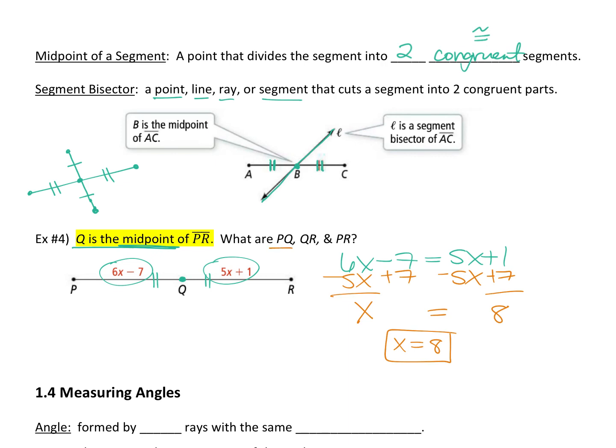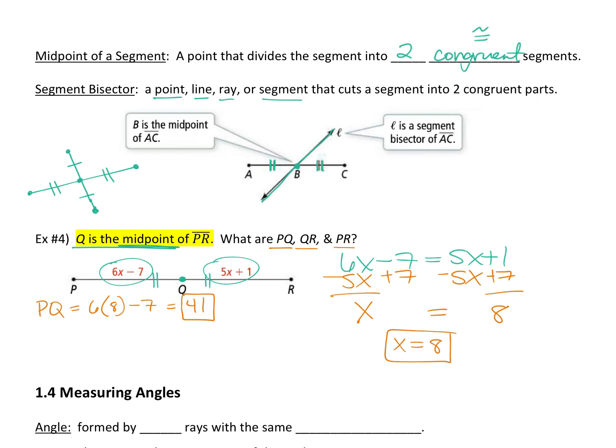They asked for PQ, QR, and PR. Can anyone tell me what PQ should be? So you're going to plug in the x, right? 6 times 8 minus 7. So 48 minus 7 would be 41. Right?